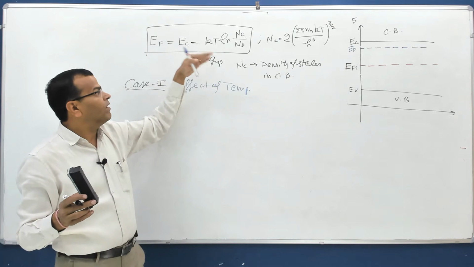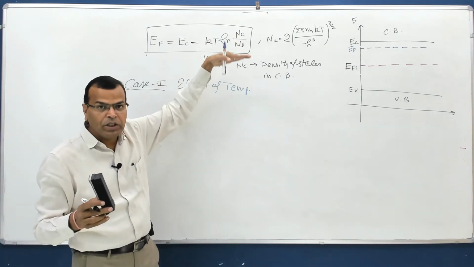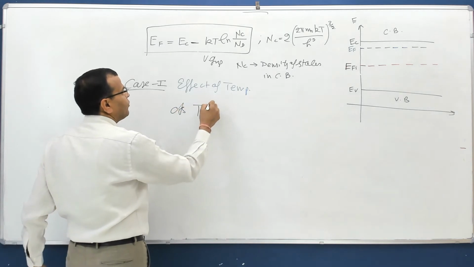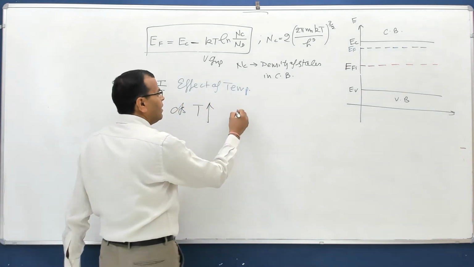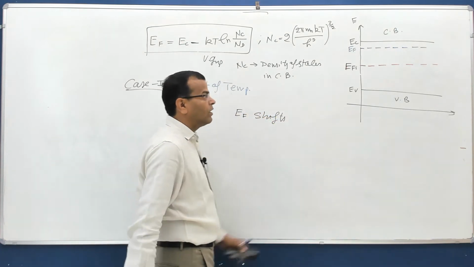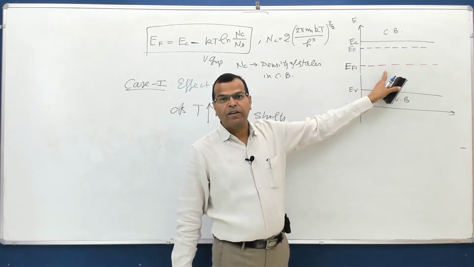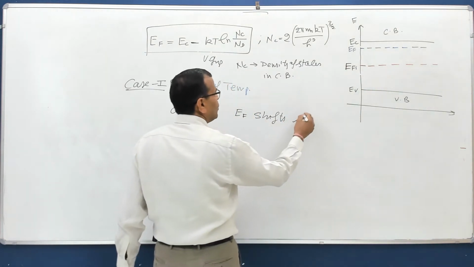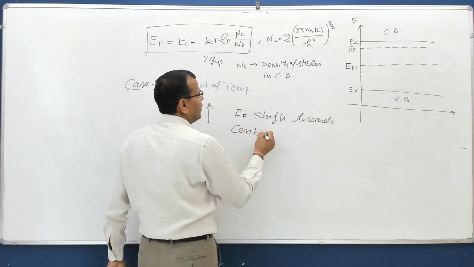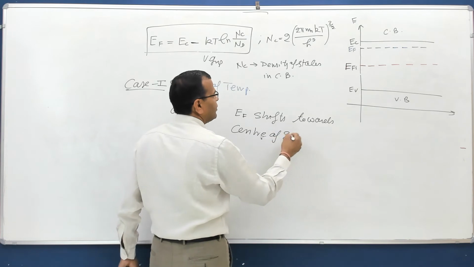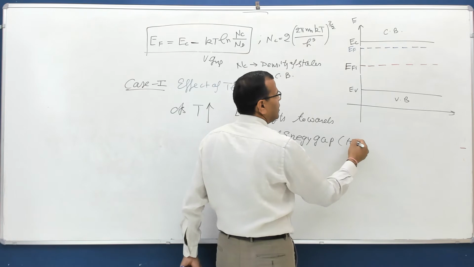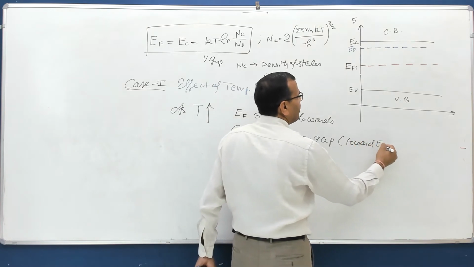That means Fermi level will decrease, means it comes downward. So as temperature increases, Fermi level EF shifts towards what? Towards the intrinsic level. The Fermi level shifts towards the center of energy gap, or you can say towards the intrinsic Fermi level.